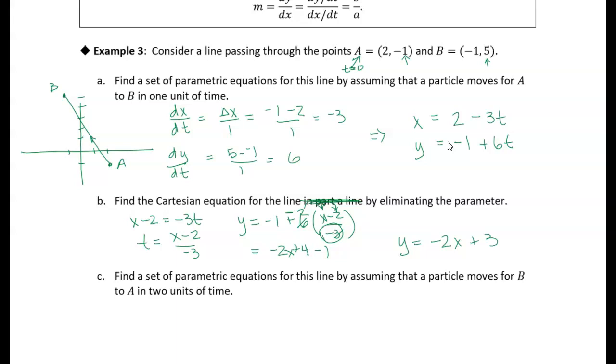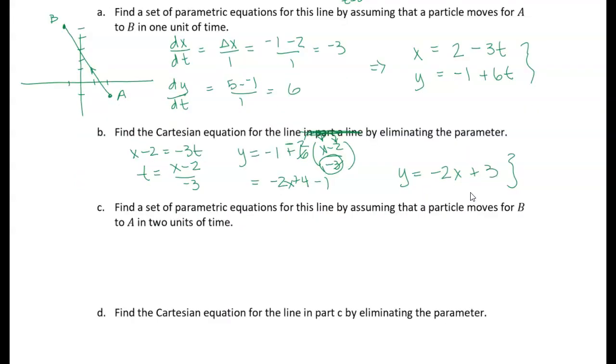All right, so we have the parametric equations, the set of equations for x and y in terms of t, and now we have an explicit Cartesian equation for the line, an equation for y in terms of x. Okay.